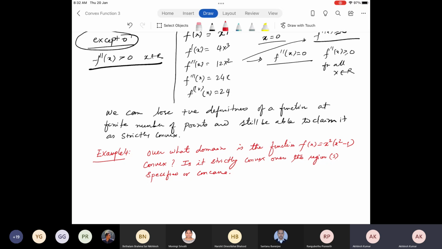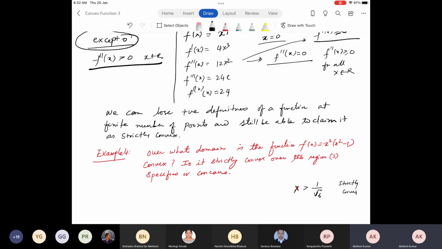Okay, so you are saying x greater than 1 by root 6 is strictly convex. Anything else? x less than minus 1 by root 6. Both plus and minus 1 by root 6.